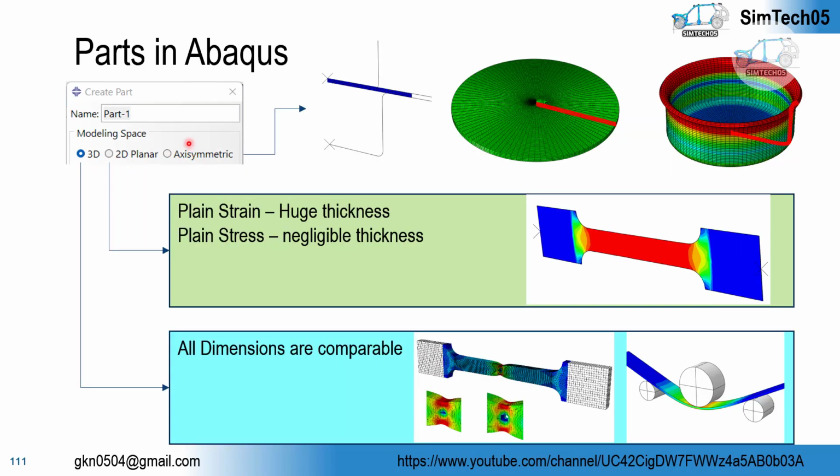See, as I told you, the space in which you want to model your component is nothing but your modeling space. If you have a complete 3D model, or you can say the dimensions are quite comparable to each other, we have to utilize the 3D part. Here you can see the dog bone shape tension test specimen we have, and for that specimen I want to perform the damage analysis.